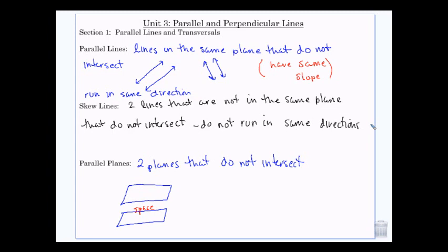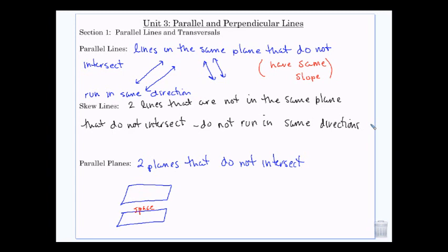So the best way to visualize it is on the surface of a box. Okay. If we look at the box, and let's say I look at this top front edge of the box, this edge, and then these two edges all run in the same direction, right?